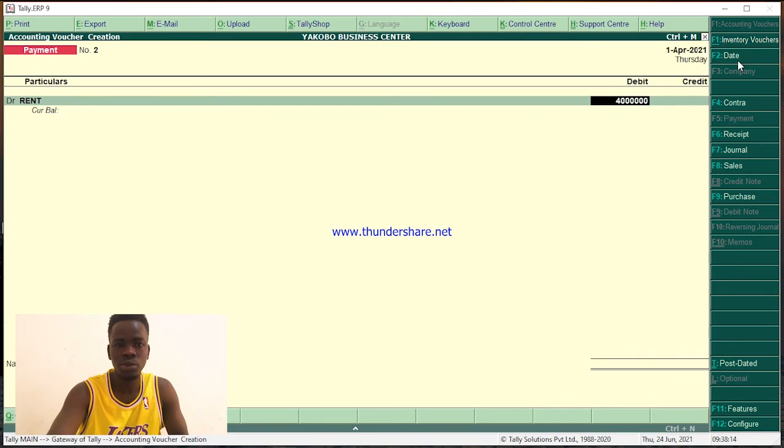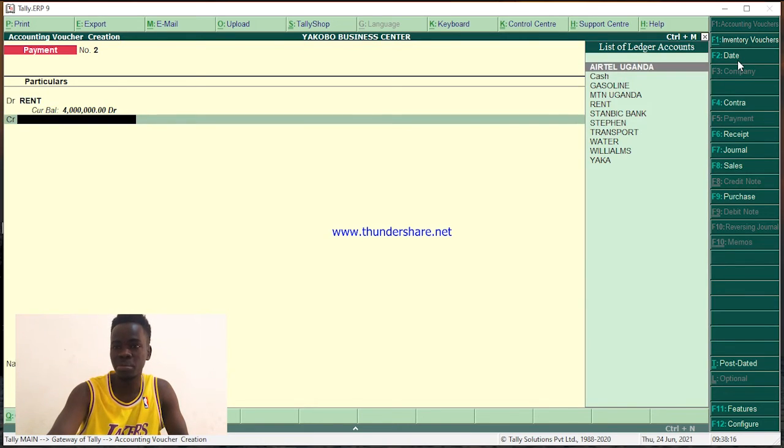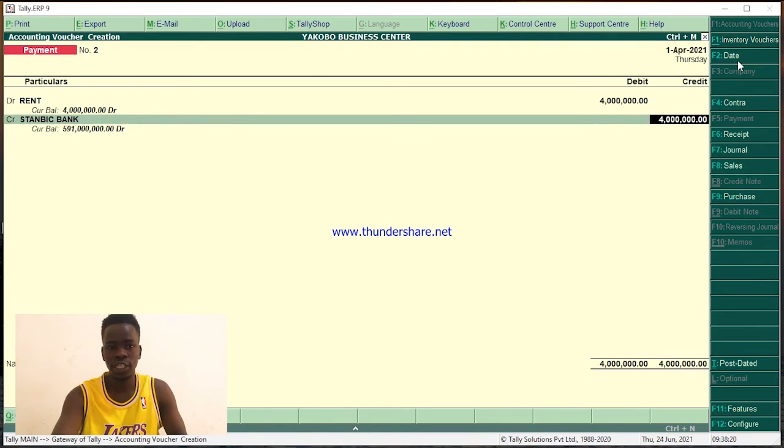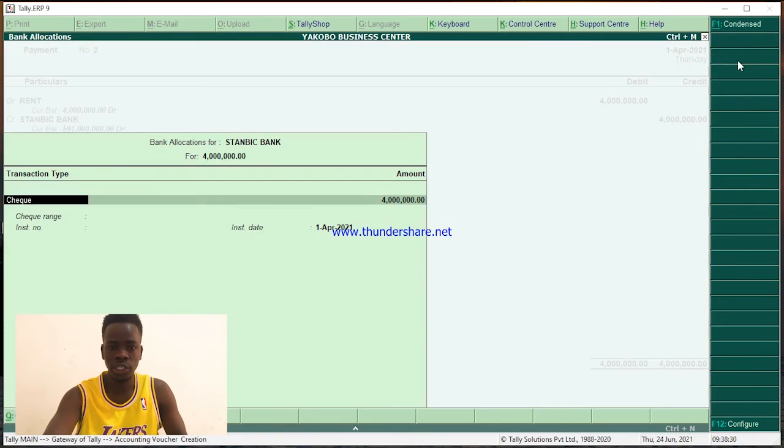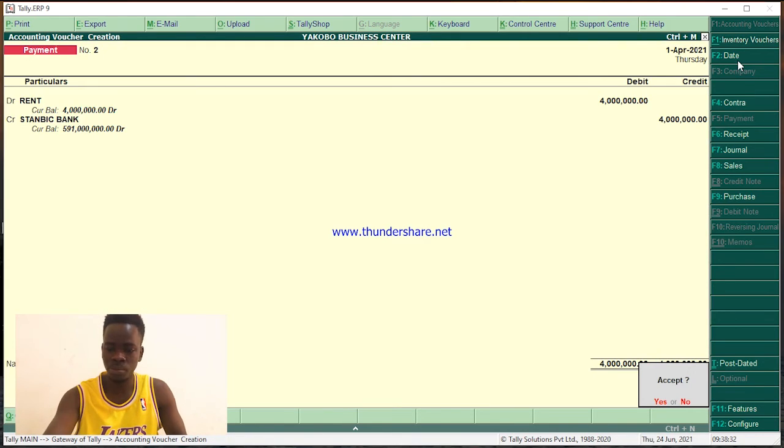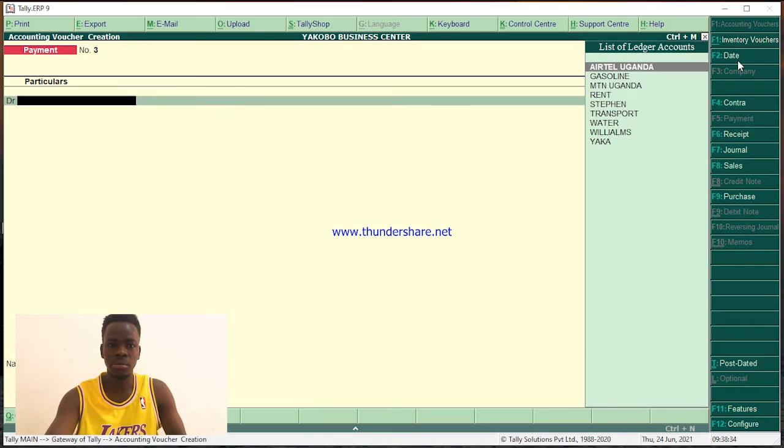It's 4 million. So we're going to pay again using the Stanbic Bank. The more we are paying, the more we are losing the money from our account, the Stanbic Bank. So let's go and accept the transaction. We don't put the narration, doesn't matter.